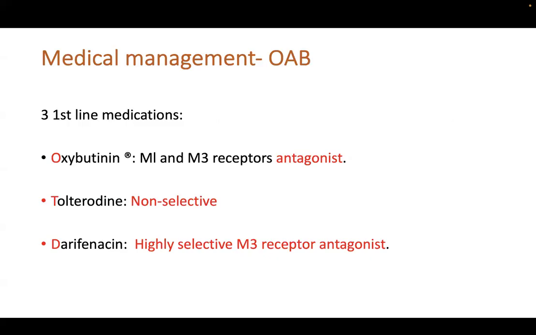Oxybutynin is an M1, M3 receptor antagonist. Tolterodine is a non-selective anticholinergic, and darifenacin is a highly selective M3 receptor antagonist. As this M3 is highly selective, it is better. However, the most common is oxybutynin, and it is a widely available and widely used drug.